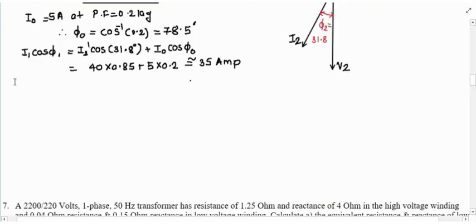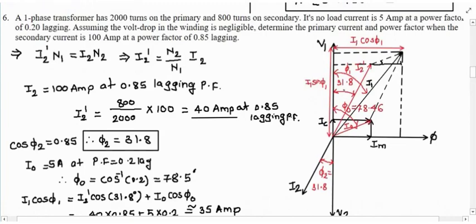Similarly, I can find out my I1 sin of phi 1. So I will write down I1 sin of phi 1. Now see, come to the phasor diagram again. What is I1 sin of phi 1? It is nothing but this length. What is this length? This length is nothing but I0 sin of phi 0. And this length, what is this length? This length is nothing but I2 dash sin of phi 2, because this phi 2 and this is also phi 2, which is nothing but 31.8.